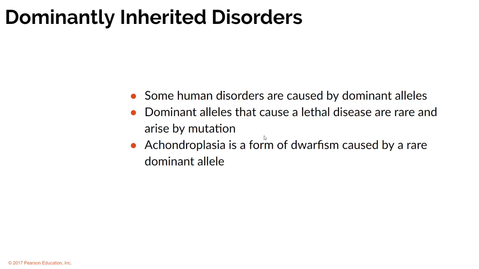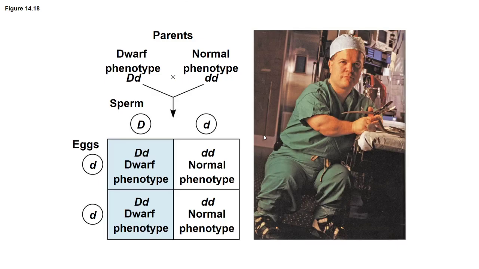But one example of this resulting in a trait is dwarfism. So we have someone who has the allele for dwarfism. They're a heterozygote for it. They are showing the dwarf phenotype.